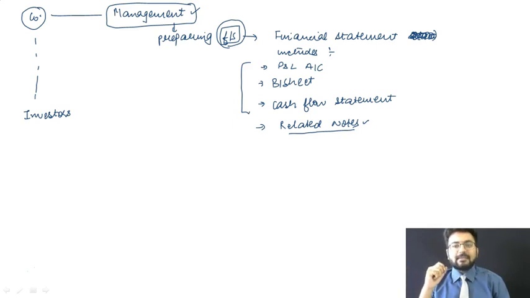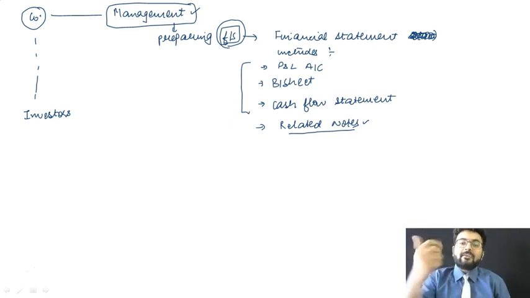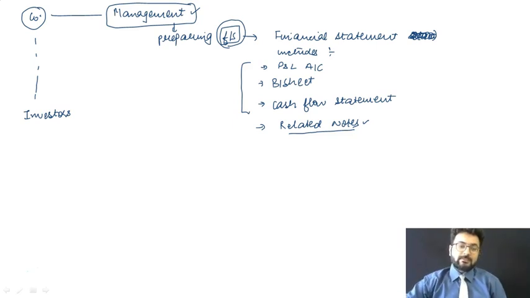Now, in that particular situation, which are the parties who may be interested in the financial statements? So we can write it as entities interested in financial statements. When it comes to financial statement of a company, who are the people who are interested?